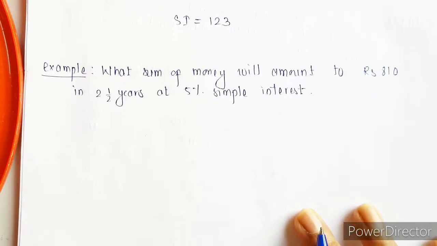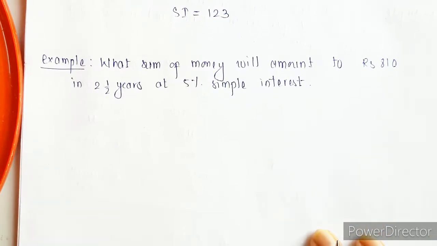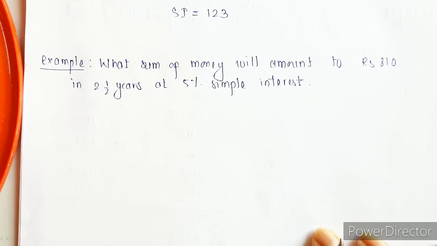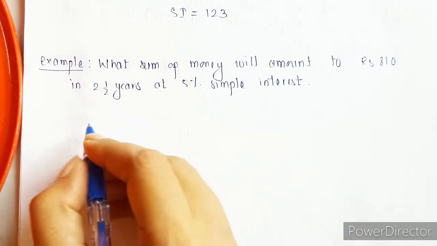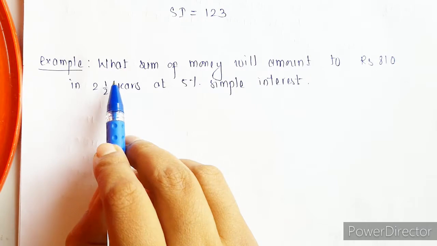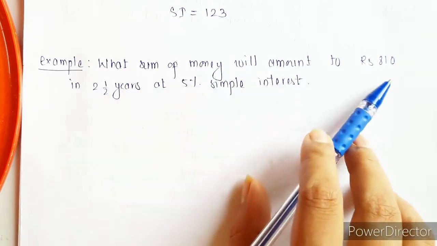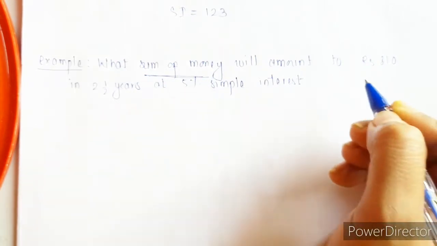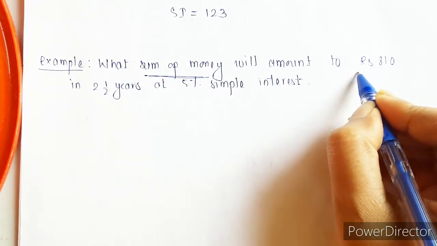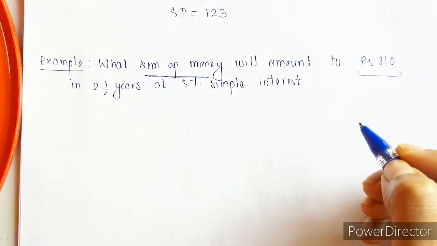Now next example. What sum of money will amount to rupees 810 in 2.5 years at 5% simple interest? Now amount in this case, let's read this again. What sum of money will amount to this? So how much money we have to invest so that after 2.5 years we are going to get this 810 rupees.